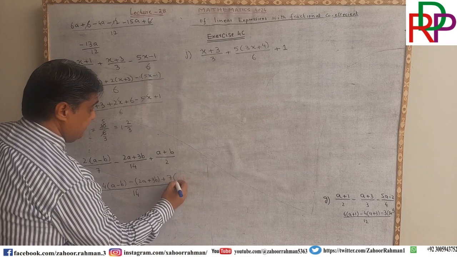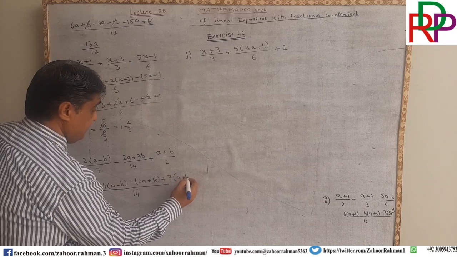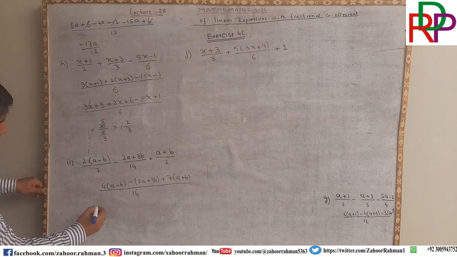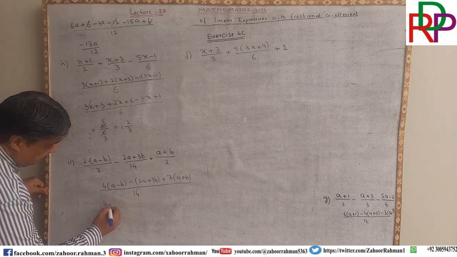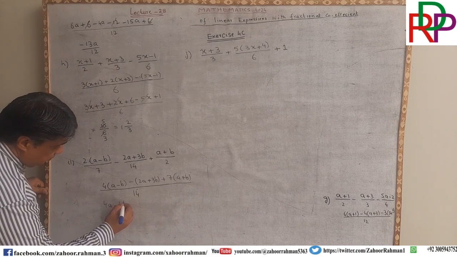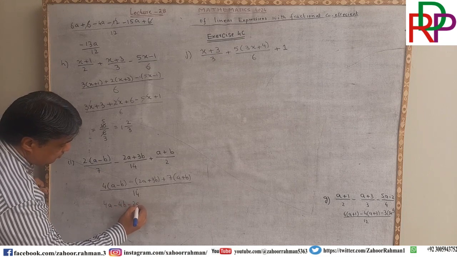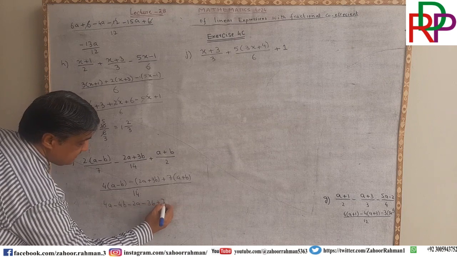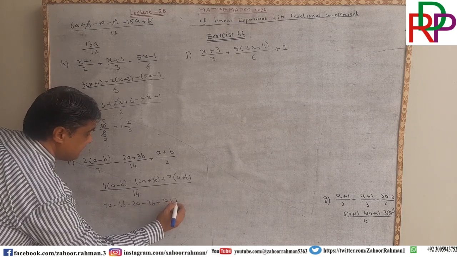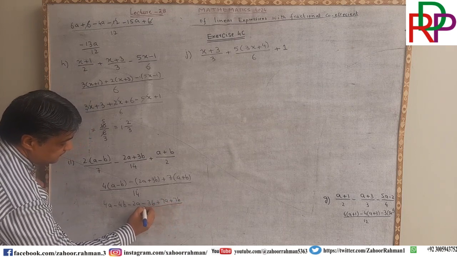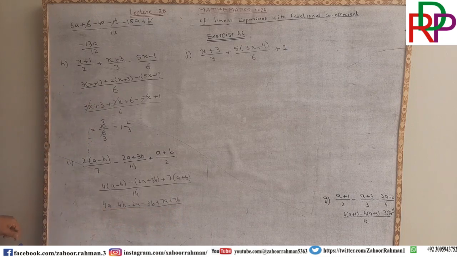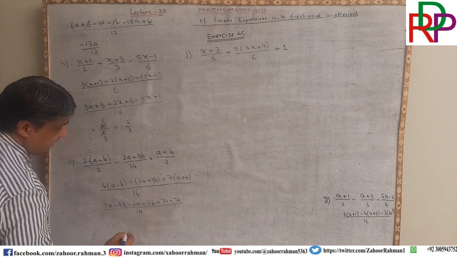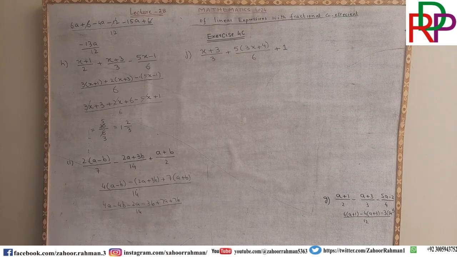So 7 we have to multiply with a plus b. Now we have to expand it: 4a minus 4b minus 2a minus 3b plus 7a plus 7b, and then we have to write it all over 14.